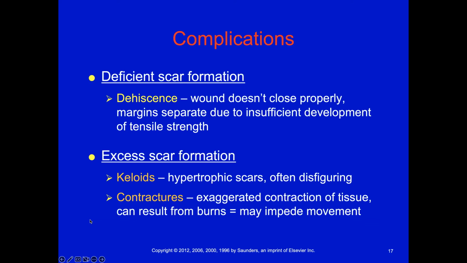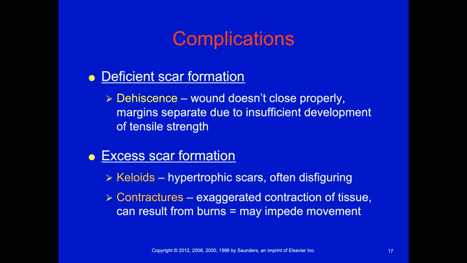So of course we can have complications, and they fall into primarily 2 main categories. One where you have deficient healing or deficient scar formation. The other is excessive scar formation. So with the deficient situation, we get something called dehiscence, and this is where the sides of the wound don't properly close.